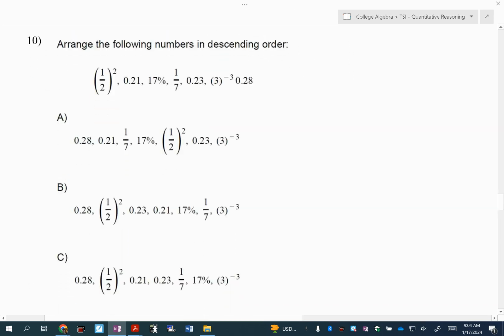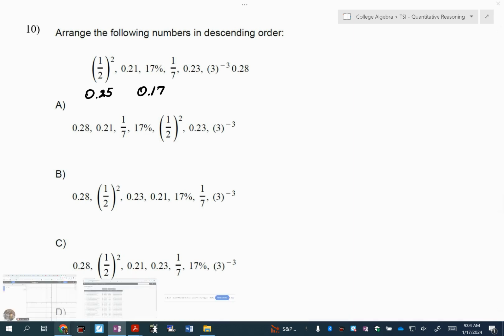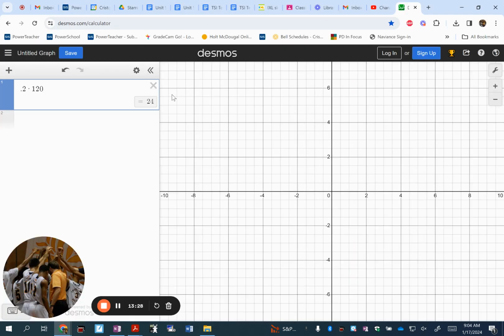Number 10, arrange the following numbers in descending order. So from highest to lowest or greatest to least. So if you need to get a decimal approximation for these, you can. 1/2 squared is going to be 1/4, which is 0.25. That one's already a decimal, 0.21. This is 0.17. I don't know 1/7 as a decimal, so let's type that in real quick.